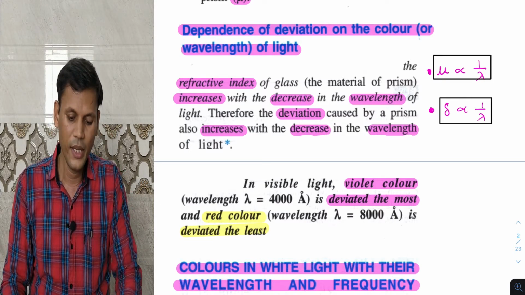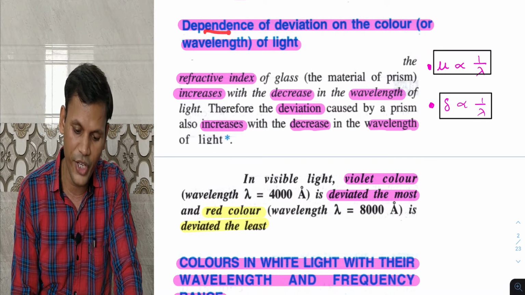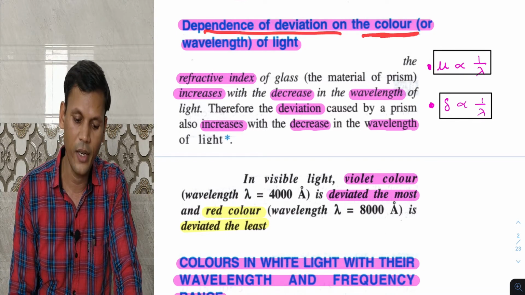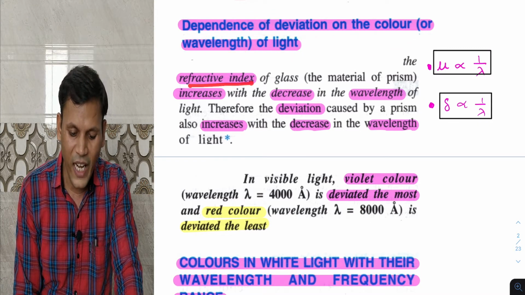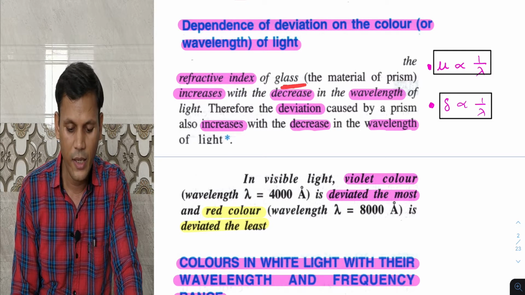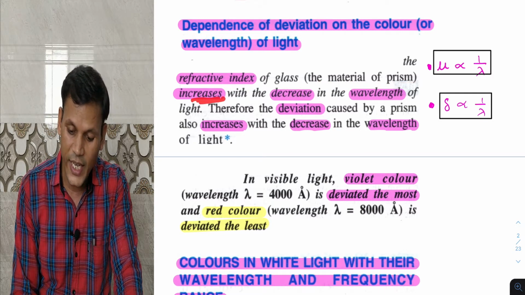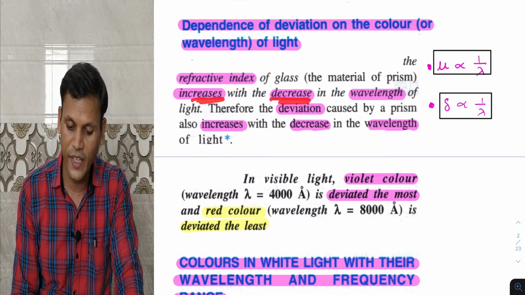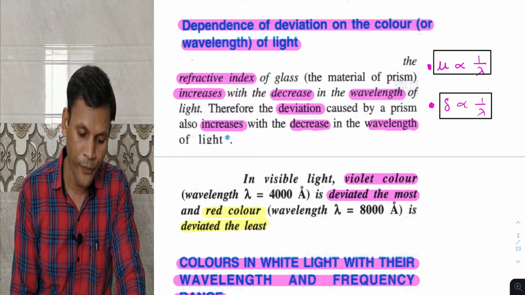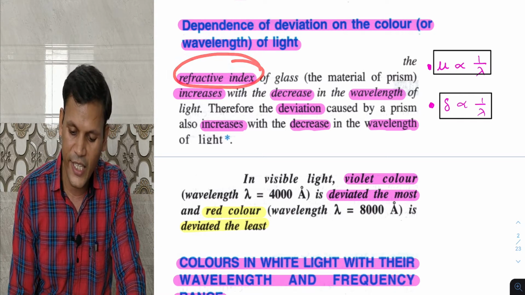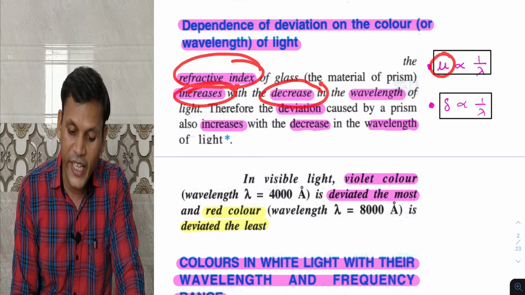We will see the dependence of deviation on the color or wavelength of light. The refractive index of the glass, the material of the prism, increases with the decrease in wavelength. So what relation can we say? Refractive index, that is mu, is increasing with the decrease in wavelength.